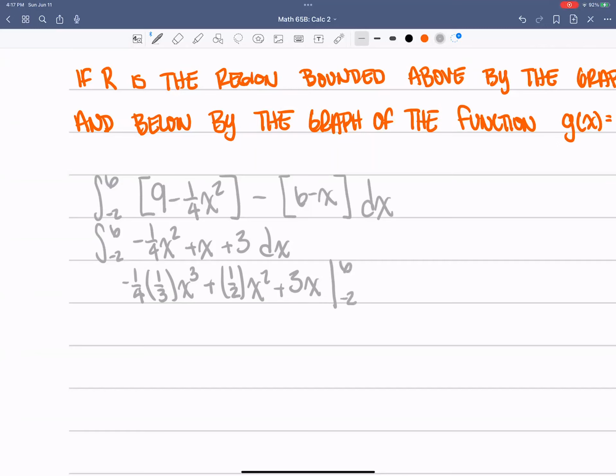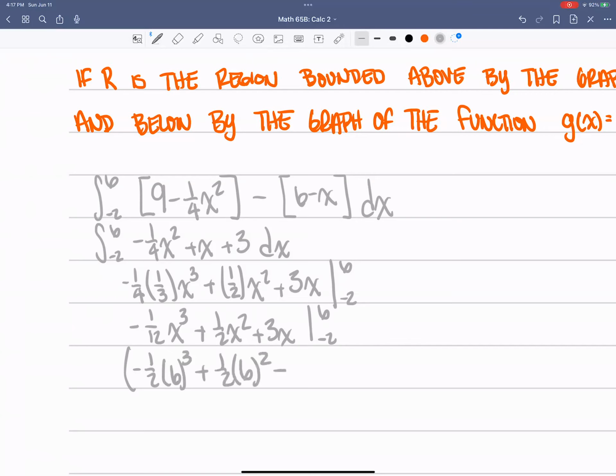Let's clean it up a little bit. We have -1 over 12x cubed plus 1 over 2x squared plus 3x, and we're evaluating that from -2 up to 6. So starting off with 6, we have -1 over 12 times 6 cubed plus 1 over 2 times 6 squared plus 3 times 6.